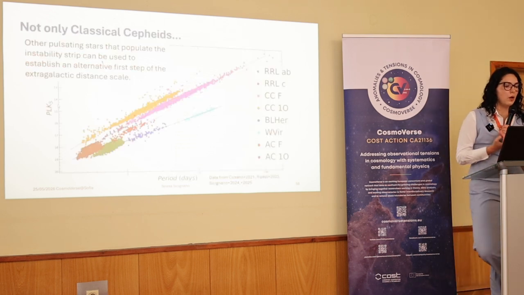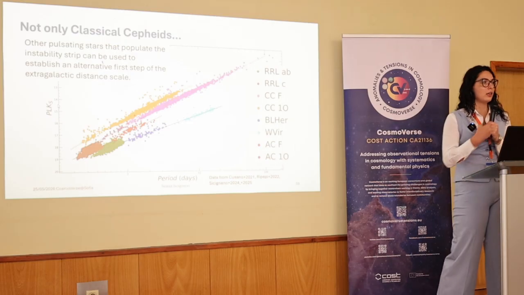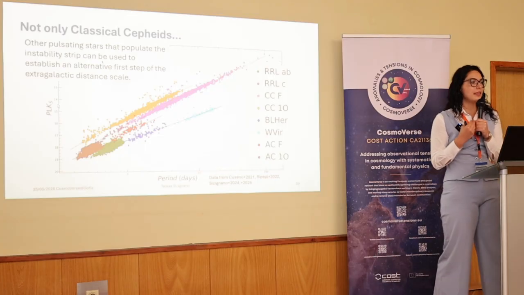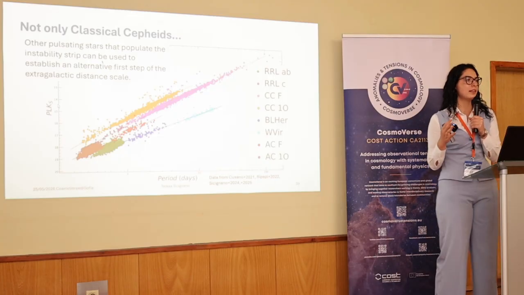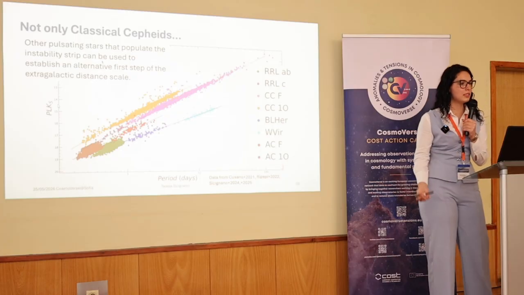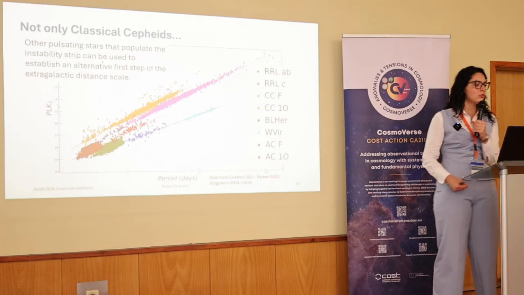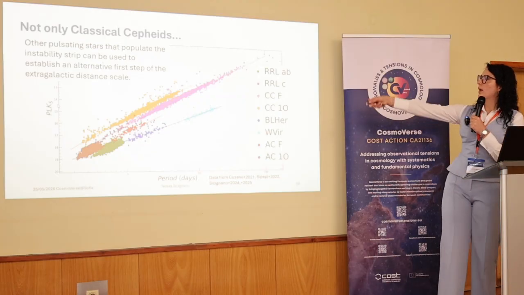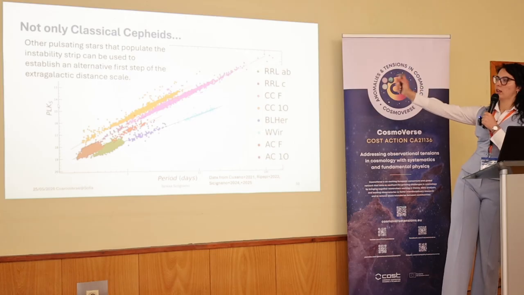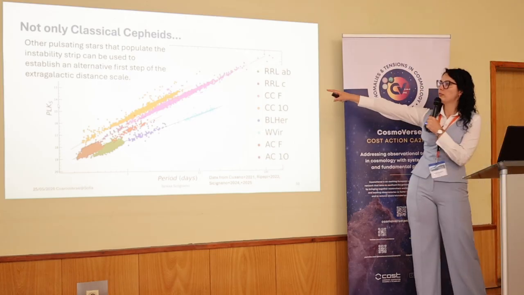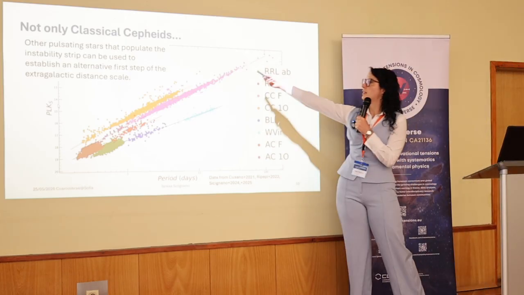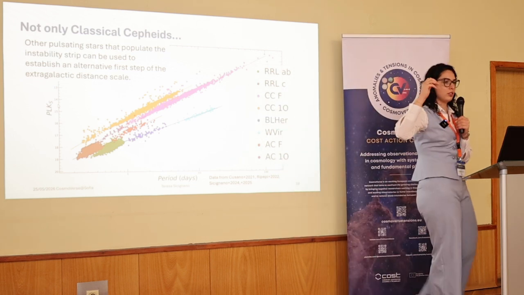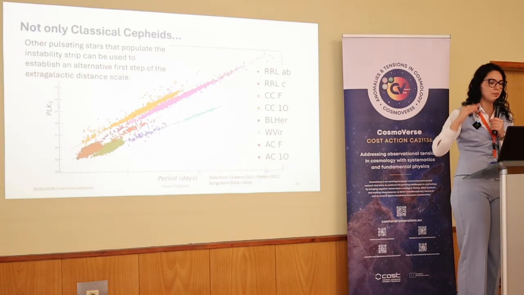At this point, why is it also important to take into account other pulsating stars? Because thanks to the other pulsating stars, we can trace systematics in the local universe. Classical Cepheids, the pink ones you can see here, are for sure the ones that can go up to supernovae Ia, which are used as distance indicators. They are the most luminous and can be seen far away.